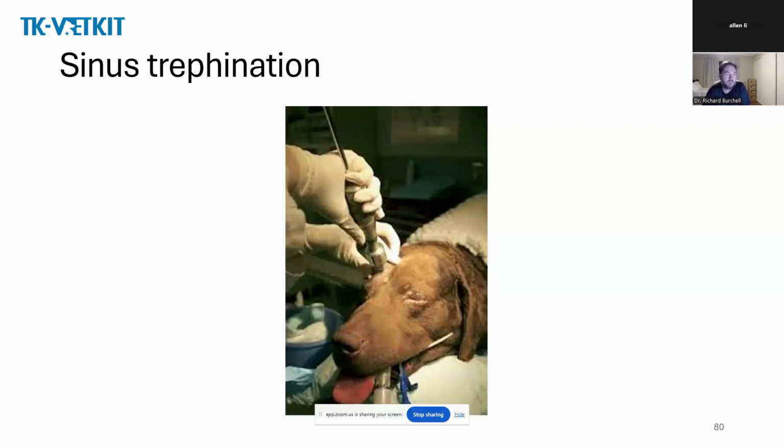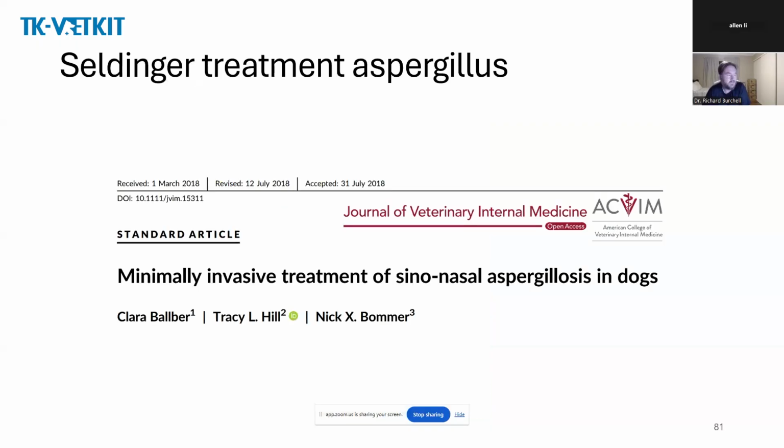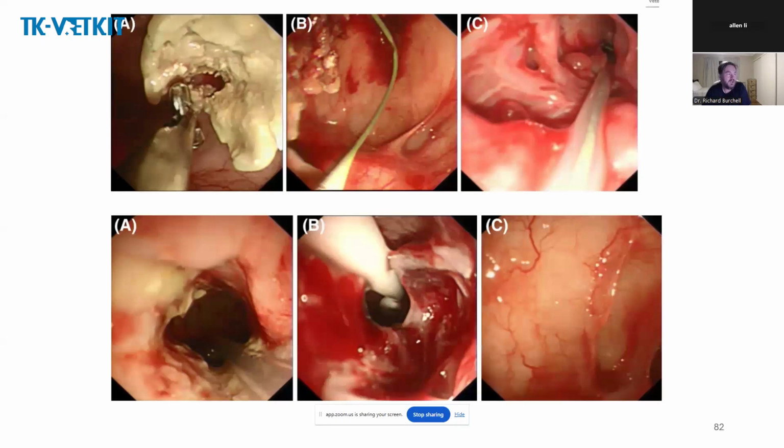So this is what we've been doing for a long time, but then there was a group that showed another way to do it. If you have got destructive rhinitis, and if you look at image A at the bottom, you can see that the Aspergillus has sort of eaten out the nasal passages, which means that you can actually visualize the opening to the frontal sinus from the nose, which you can't do in a normal dog.